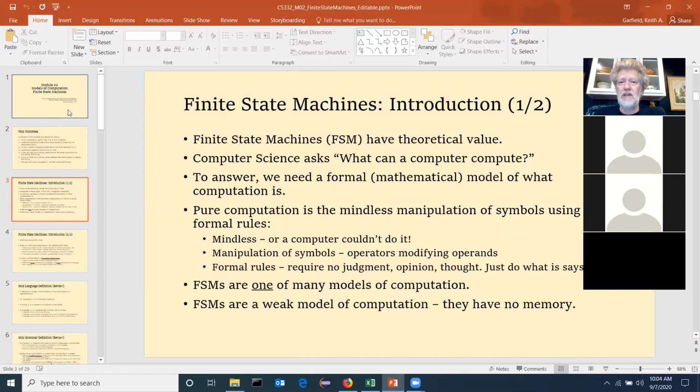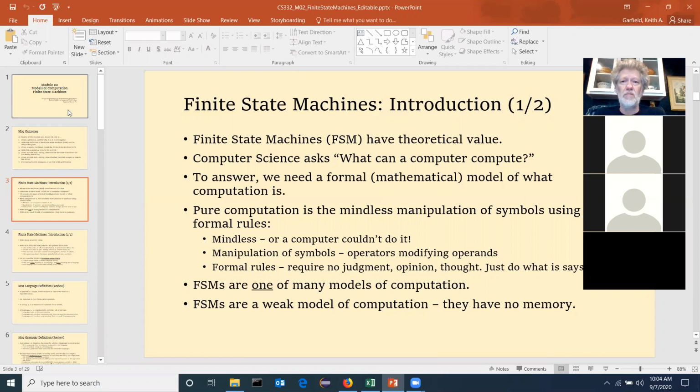Everything is boiled down to that. Computer science is broken up into different large categories, one of which being formal languages, computation theory, one of which being architecture and machinery. They're all still trying to answer that core question. What is it that a computer can do? And in order to answer that question in a formal way, we need a formal model.